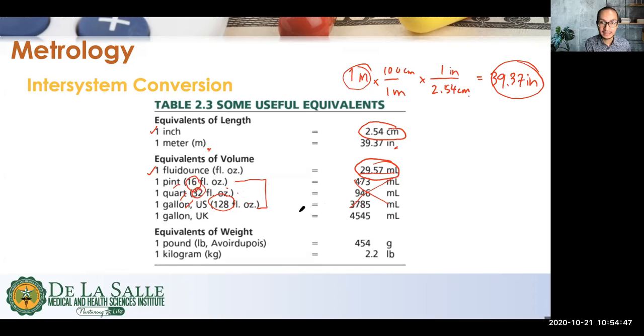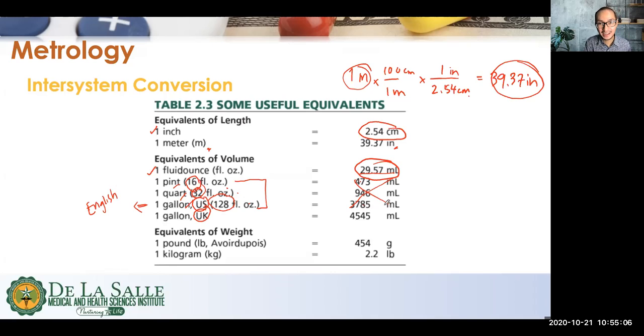And this is another thing that you need to remember: we have a different US gallon and UK gallon. The US gallon is also the most common gallon. It is the English gallon. Weird, no?